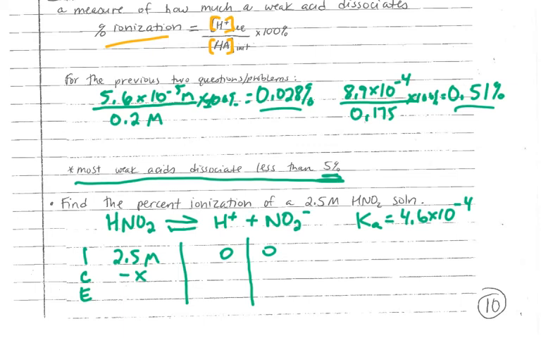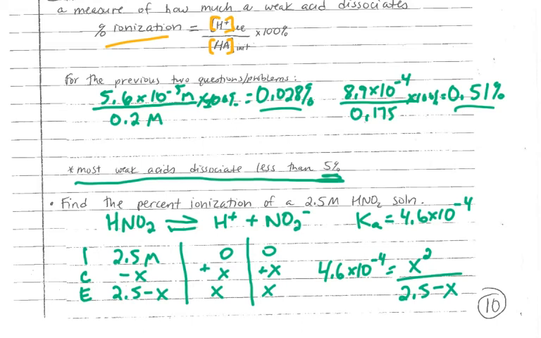The initial concentration is 2.5 molar. This goes down by X, these go up by X. So at equilibrium, this is 2.5 minus X, and each of these has a concentration of X. So in our equilibrium constant expression, the Ka is 4.6 times 10 to the negative fourth, and our concentration of products is X times X, which is X squared, over the concentration of the reactant, 2.5 minus X. Since Ka is pretty small, we're going to assume that X is so small that subtracting it is negligible, so we're using the X approximation technique.